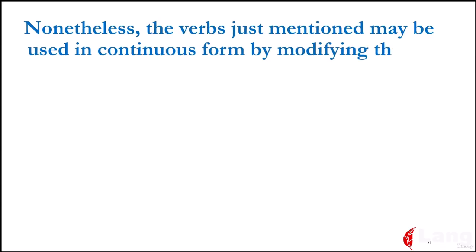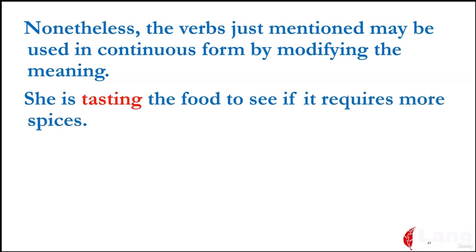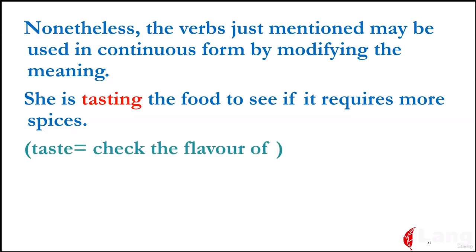Nonetheless, the verbs just mentioned may be used in continuous form by modifying the meaning. For example, she is tasting the food to see if it requires more spices. Taste here means check the flavor of.